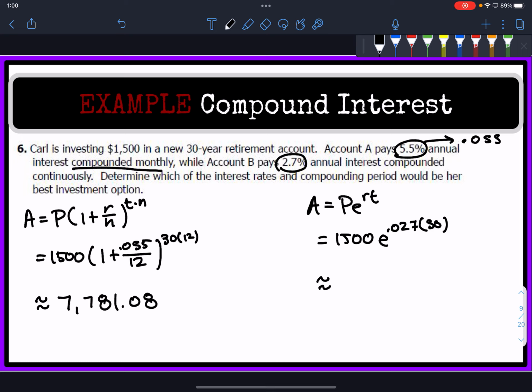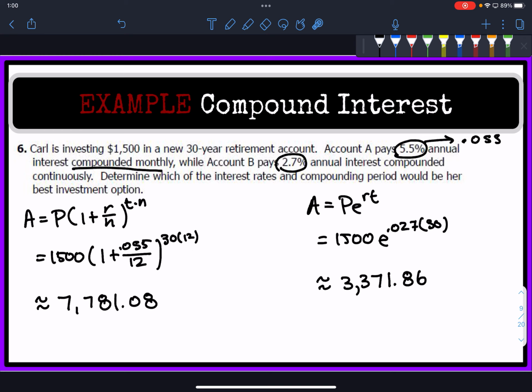This is going to equal approximately $3,371.86. And notice that even though option B is compounded continuously, it doesn't give us a larger number because of the interest rates. The rates really diminish the amount of money that she can make with the second option.